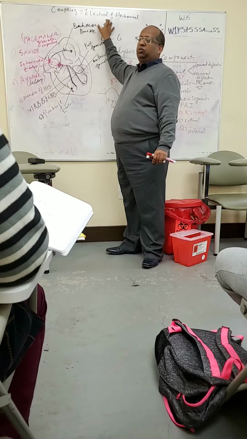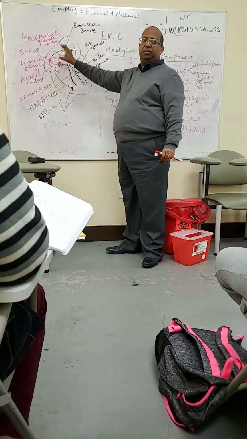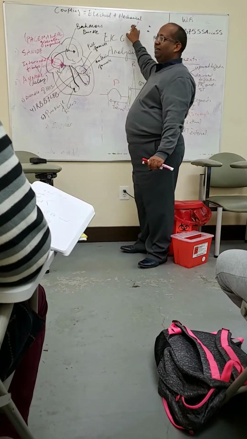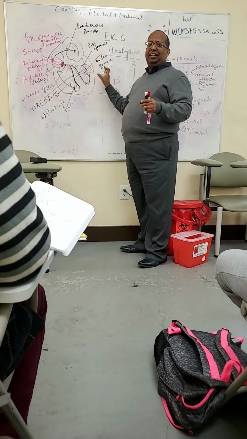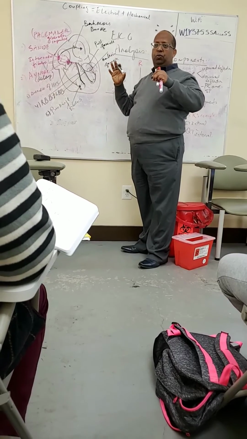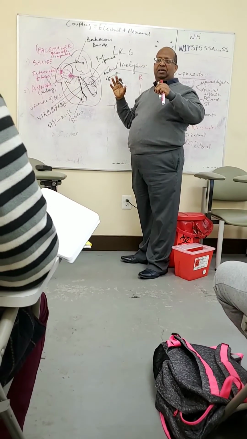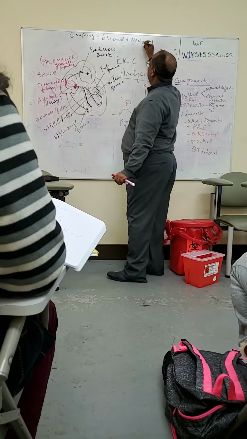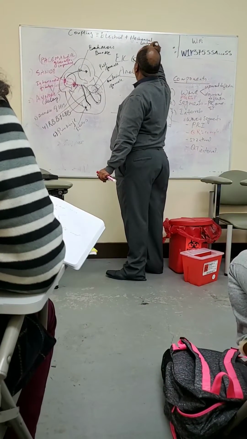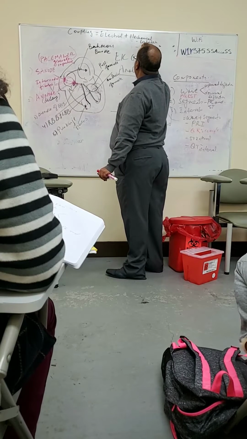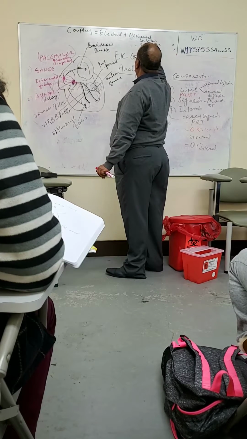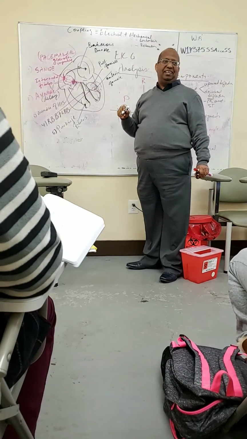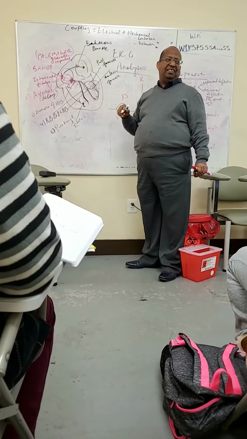The electrical means how the electrical impulse is produced, generated and transmitted. The mechanical is what happens once the heart gets the impulse: it will contract. So the mechanical is contraction, and the opposite of contraction is relaxation.